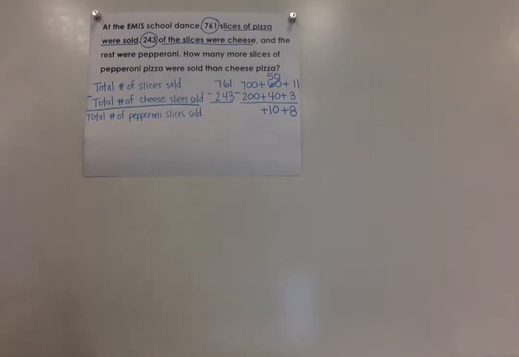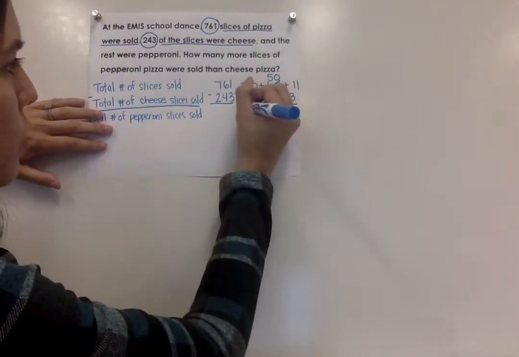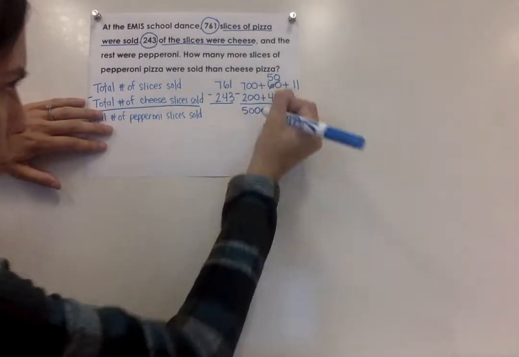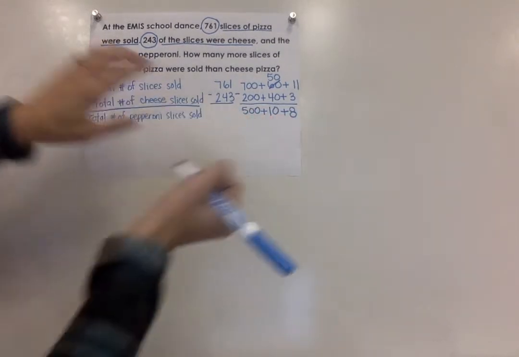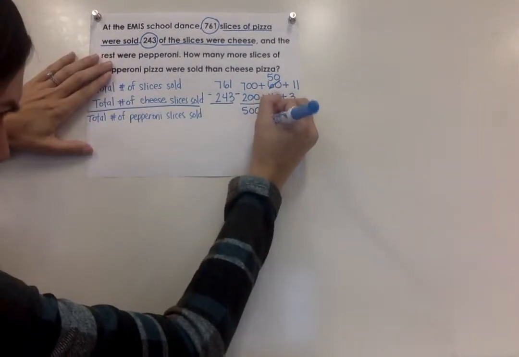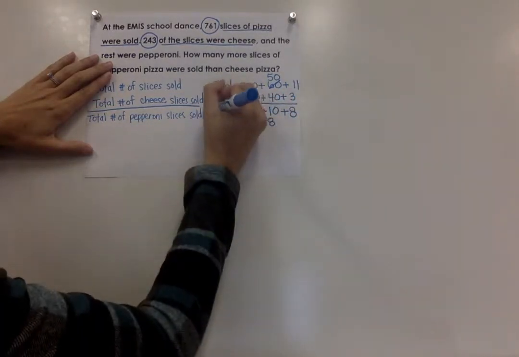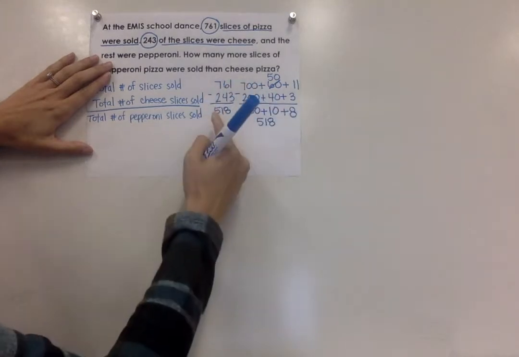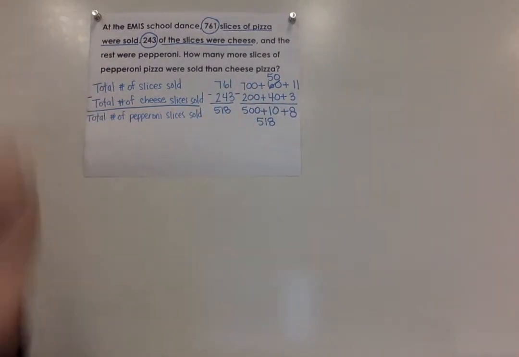If I had 700 Skittles, do I have enough to give you 200 Skittles? I do. 700 minus 200 is 500. So we have 500 plus 10 plus 8. When I write that in standard form, I get 518. So I can say that 518 pepperoni slices were sold.